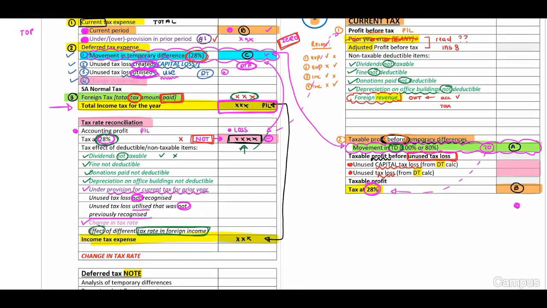But at the top, we've included the total tax paid. Therefore, you need to compare the amount in terms of your 28%. Compare this with the actual amount paid, and that will be your reconciling item. Okay, guys? Then important, if there is a change in your tax rate, there is additional disclosure in terms of IAS 12 that you need to include.